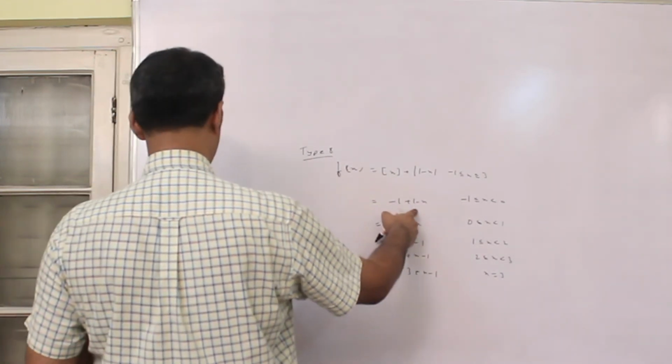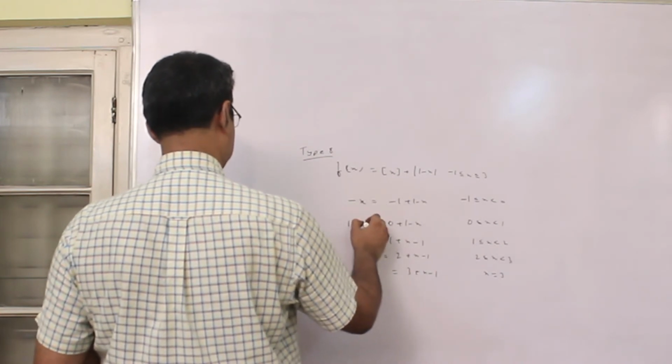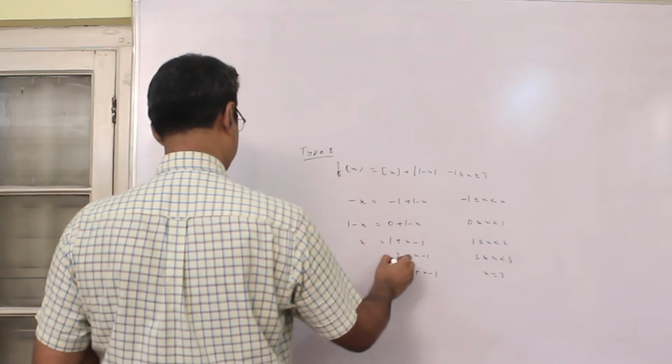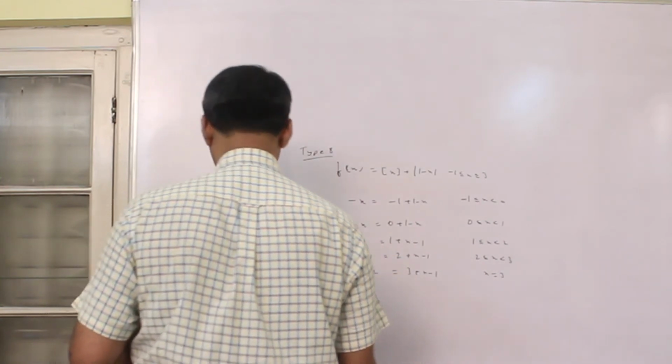So you can clearly see that this is minus x, this is 1 minus x, this is x plus 1, and this is x plus 2.